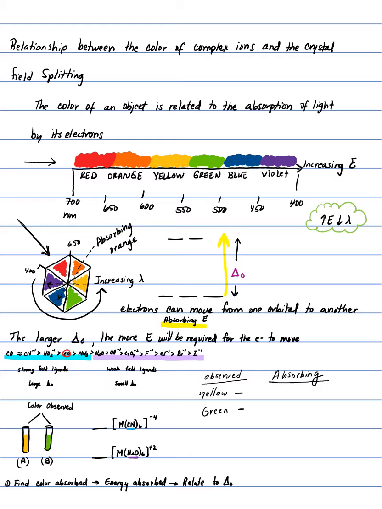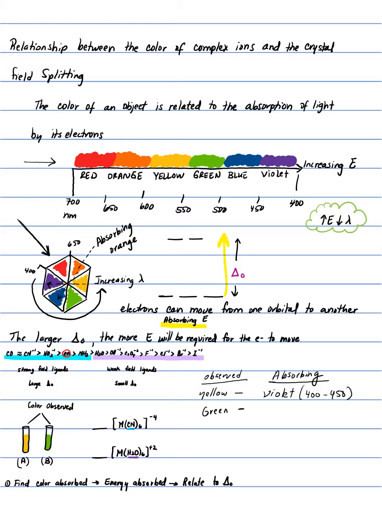So when you have a yellow solution, that's the color that you're observing. And if you're observing yellow, it means that the color on the opposite side of that yellow color is the one being absorbed. So that yellow solution will be absorbing violet, in that range of 400 to 450.